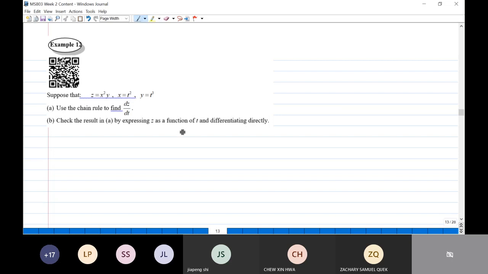So you can find dz/dx first. You get 2xy, because you keep y constant now. Then you find dz/dy also. You get x squared.